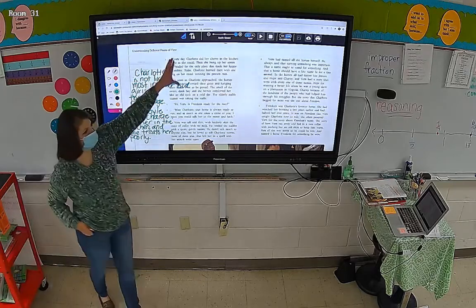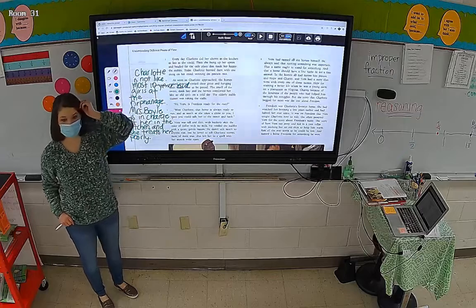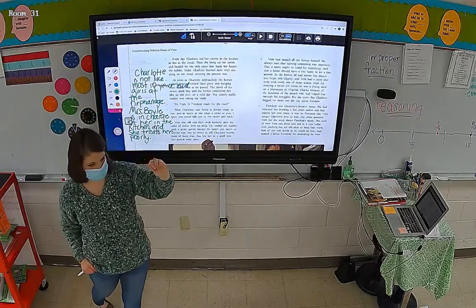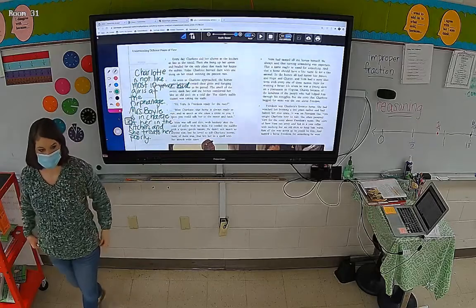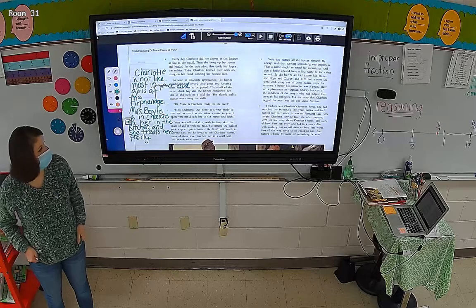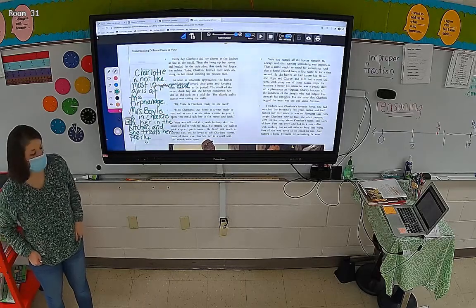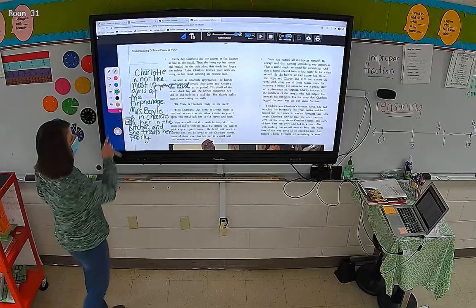If you were going to tell me what this whole paragraph 3 was about, what would you say? What is the most important sentence that tells you what paragraph 3 is about? About making her happy by going to the stables. Yes, she goes to the stable.